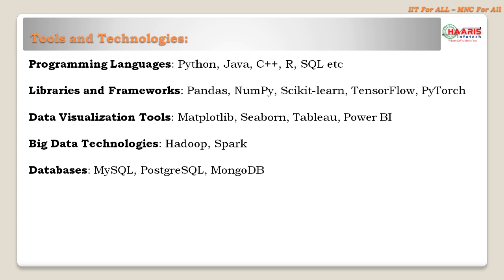Visualization tools like Plotly, Seaborn, Tableau, Power BI from Microsoft, and big data technologies like Hadoop, Spark, and databases like MongoDB, Postgres, MySQL. At this point of time, all this will be Greek and Latin for you. Don't worry. Over a period of time, you will know all these things. At least get to know that these are some of the names which are very famous in the area of data science, AI, and ML.